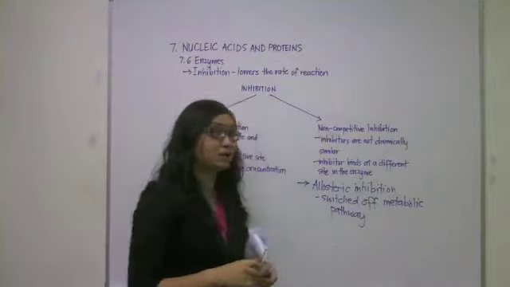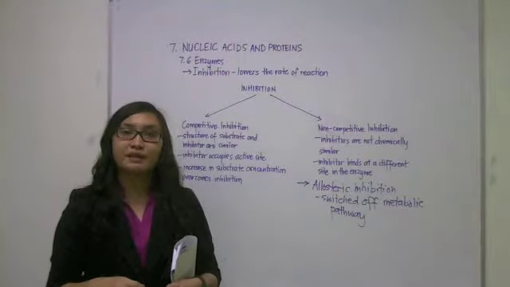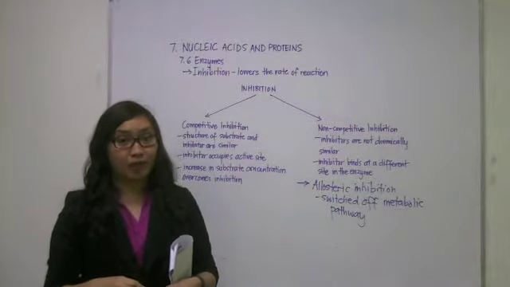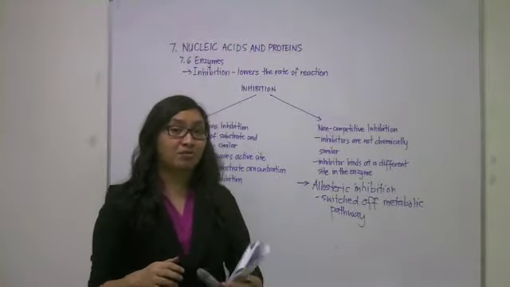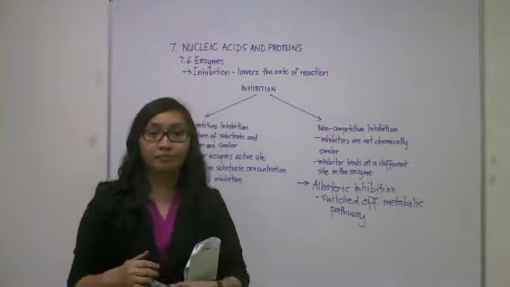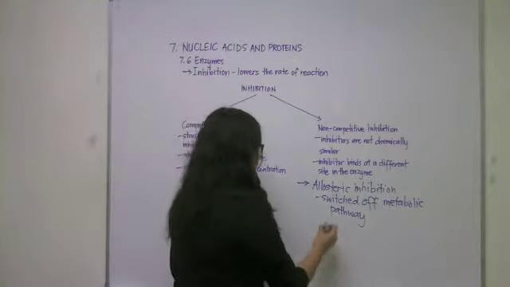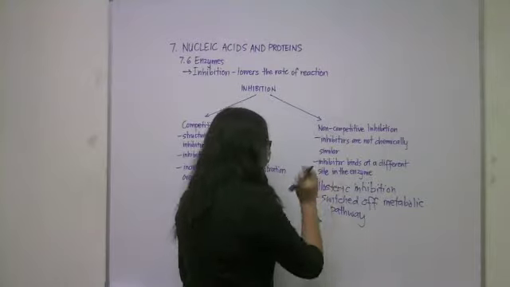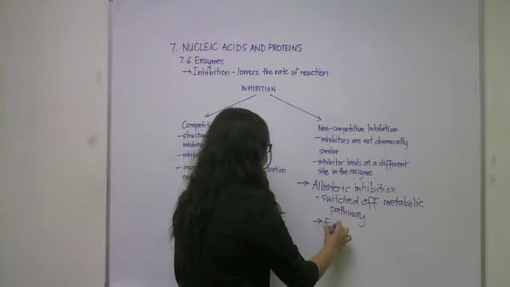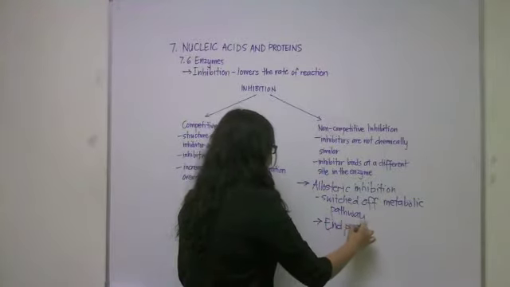It can be switched off because of the increase in the concentration of the product, which affects the first stage of the chemical reaction, which is the first enzyme. So we can actually give an example. The example that we can give for allosteric inhibition is end product inhibition.